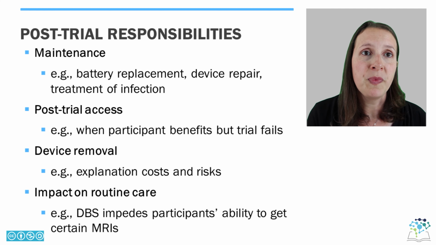And finally, there is an impact on routine care. This is just one example, but having a deep brain stimulator impedes participants' abilities to get certain MRIs. So what if they end up incurring extra expenses because their insurance won't cover the special procedures they need because they have an implanted investigational device? So this is certainly not an all-inclusive list, but I think this covers some of the main issues that have arisen in this space.